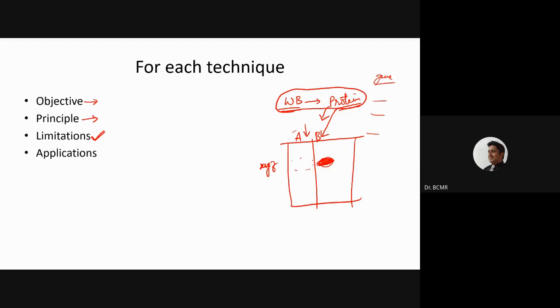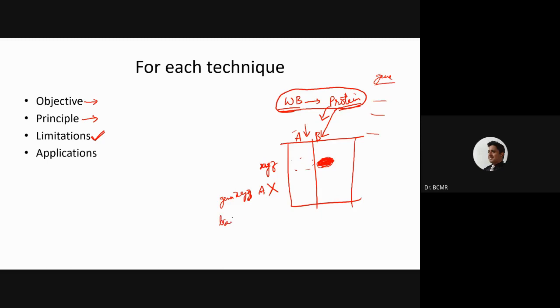What can you say? Can you say that gene XYZ is absent in A? Can you say anything about gene XYZ? You cannot say anything about it.